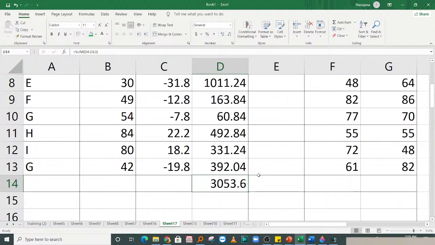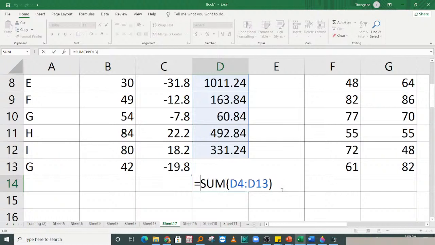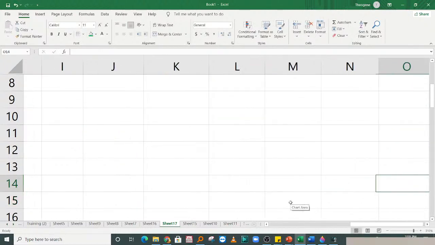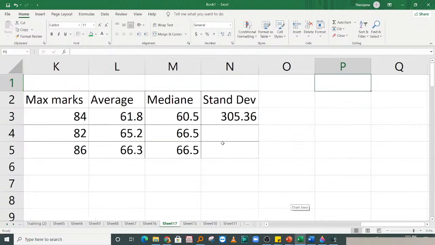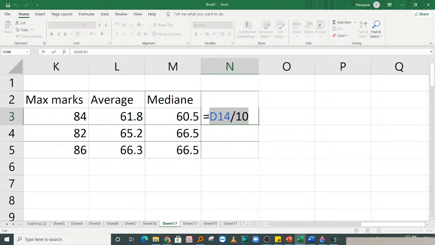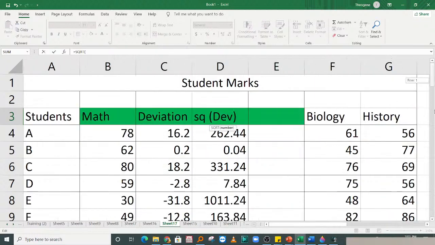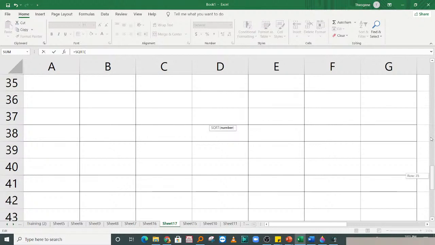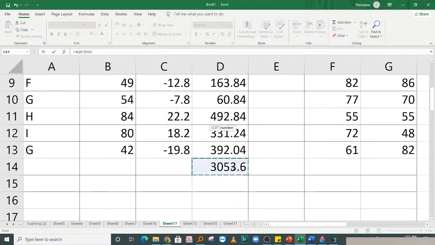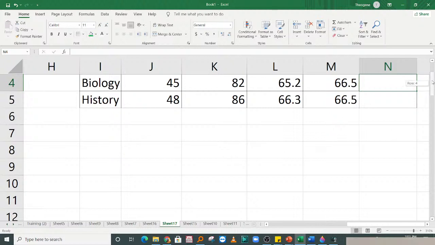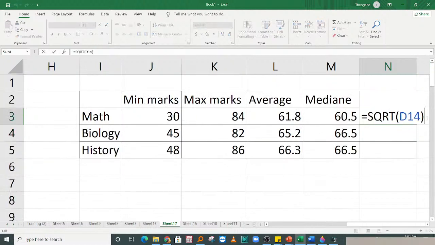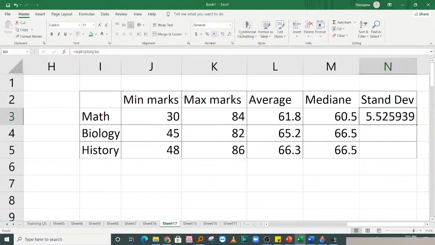It is the standard deviation. This should be like the variance, but I have to calculate the square root of the sum of the squared scores over the number of students, over 10 students. Then I find 5 point something like that.